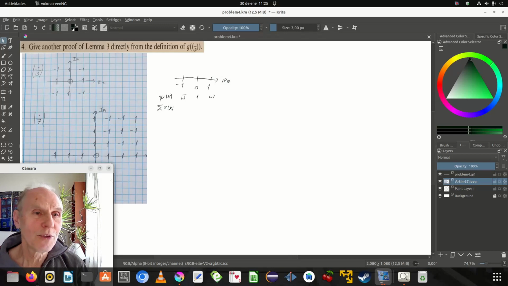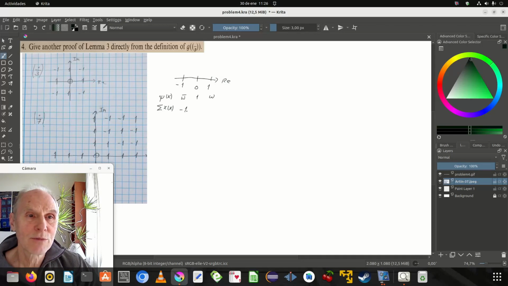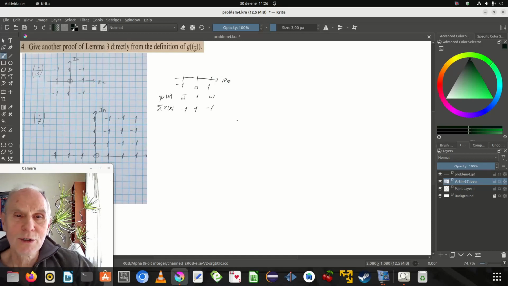So let's compute the character here, and I knew in advance, of course, that psi only depends on the column, so we had to add up the columns. The sum gives -1, +1, -1, so nothing special here.